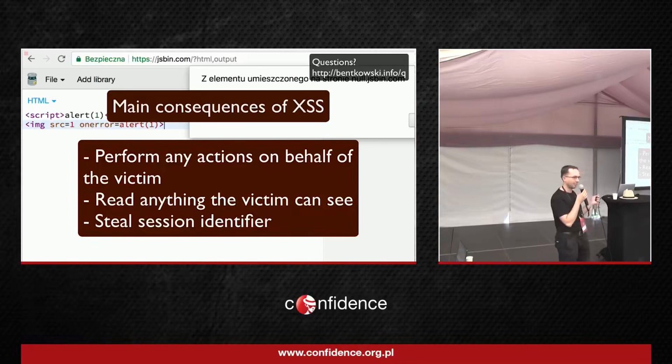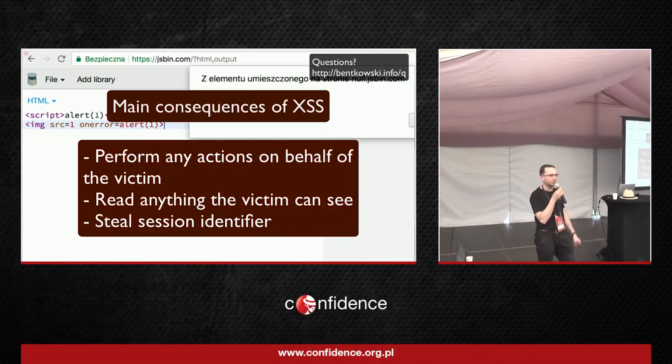You can read anything the victim can see, so you can just get the inner HTML of the page and read everything. Traditionally, XSS was used to steal session identifiers. However, in the modern age, we usually have HTTP-only cookies, so it couldn't be done. But it is still worth mentioning.